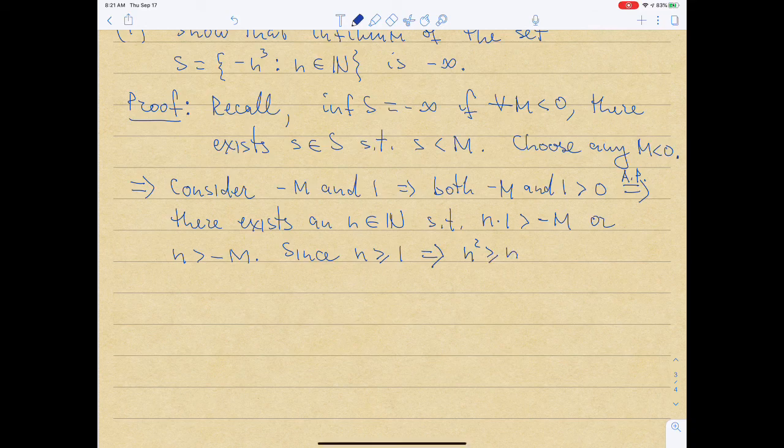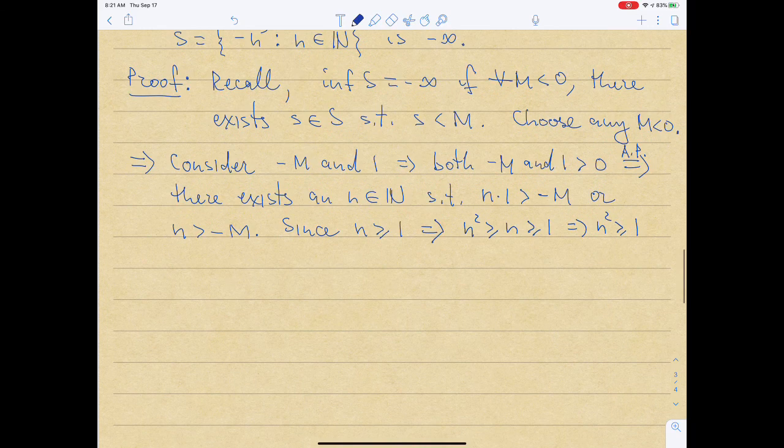I can multiply both sides by n because n is a positive integer. But n is greater or equal than 1, so combining the inequalities, n squared is greater or equal than 1.